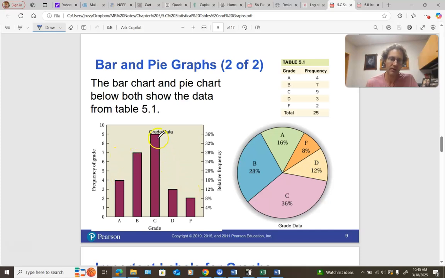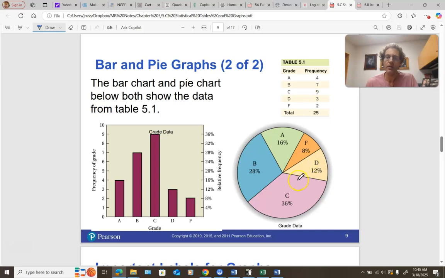What you have here is actually called a grade distribution, or distribution. It shows you how the data is spread out over those different categories. So this is a great visual way to discern patterns in the data. And then what we have over here is a pie chart reflecting this same information.